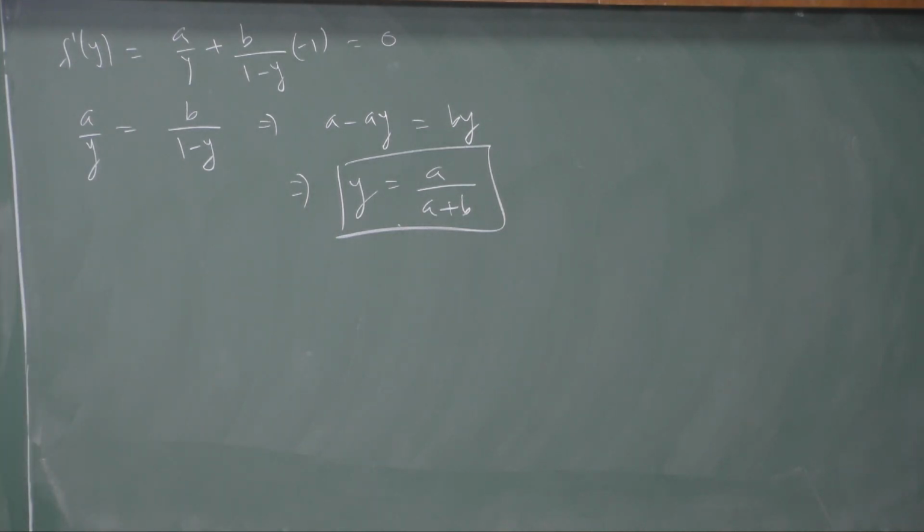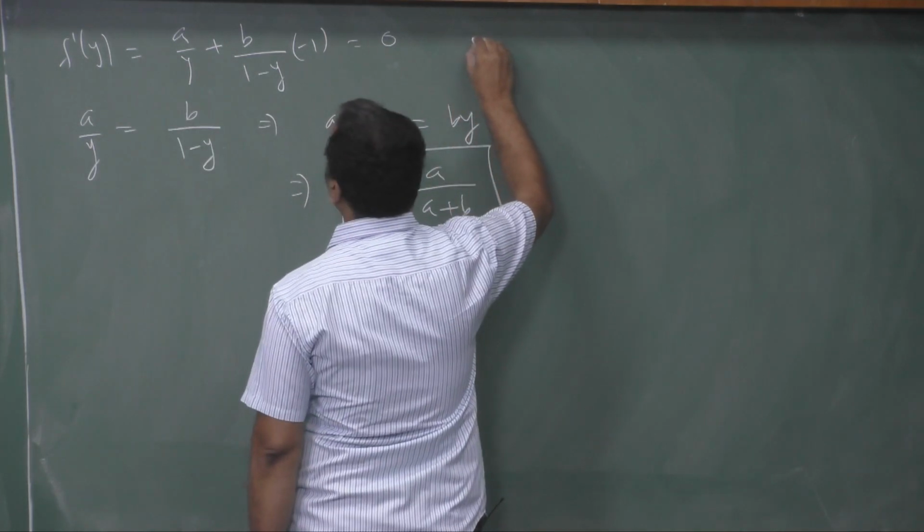And this is a maximum because the double derivative must be negative.